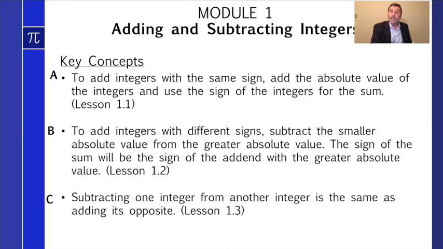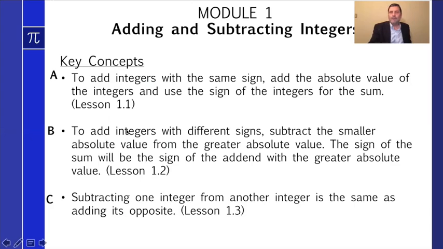If you've got two negative integers, you take the absolute value of those, and as a reminder, the absolute value, which is the distance from 0, that essentially becomes a positive value. So if we've got two integers that are the same sign that happen to be negative, their absolute values become positive. We turn them into positives and add them. We take the sign of the integers.